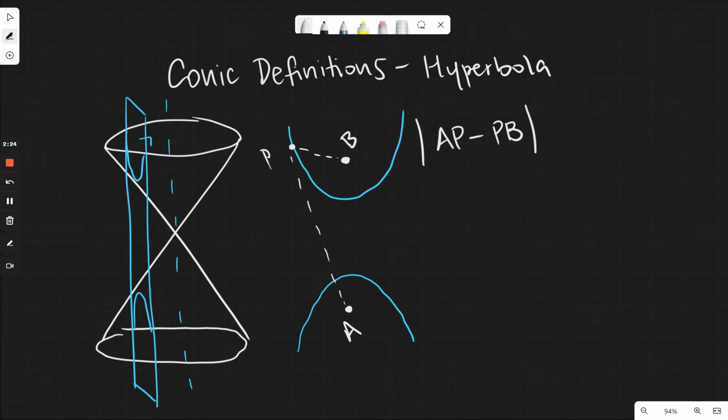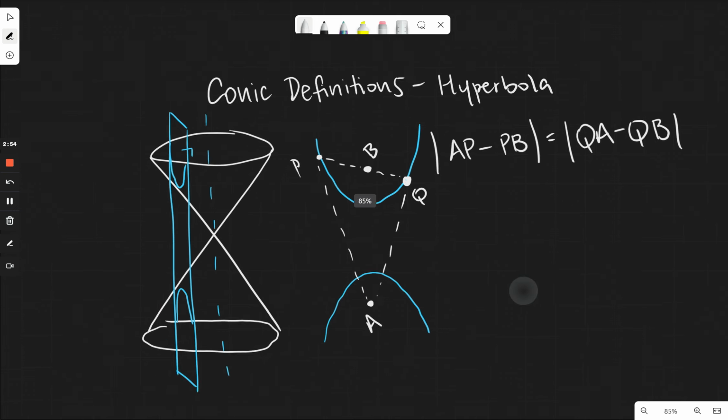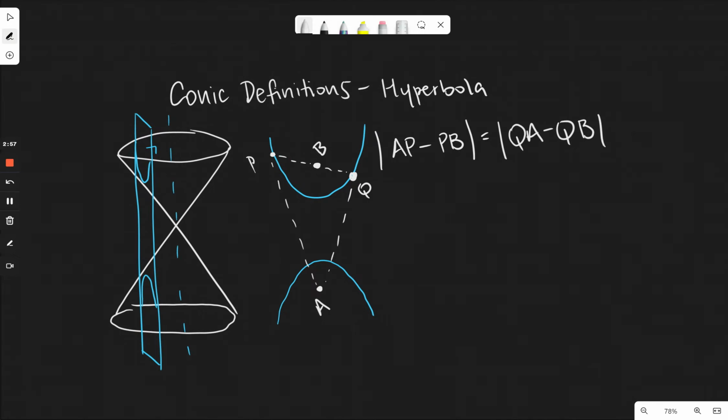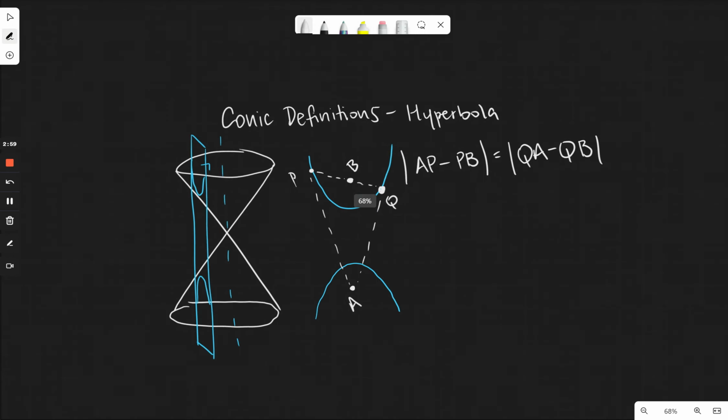So for example, for this point, let's say right there, we'll call this Q, QA minus QB is going to be the same amount because that difference of distances from the foci always remains constant, which is pretty cool and it's pretty important. So that's the technical definition of a hyperbola. Remember, the difference of the distances between the two points must be constant. And if you remember, this is the opposite of an ellipse, in which the sum remains constant.